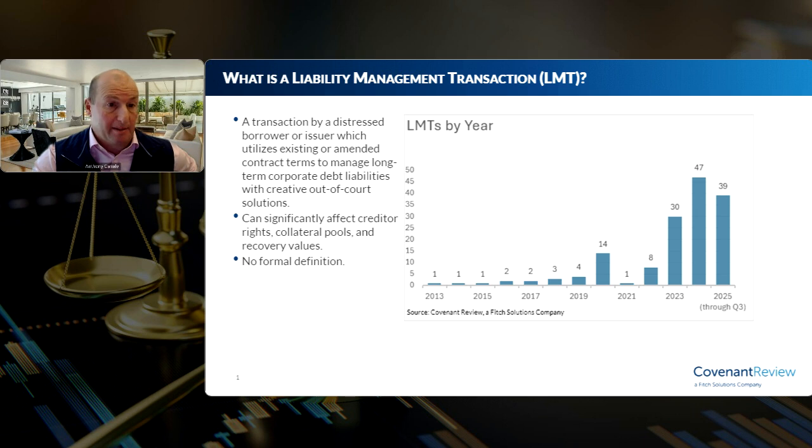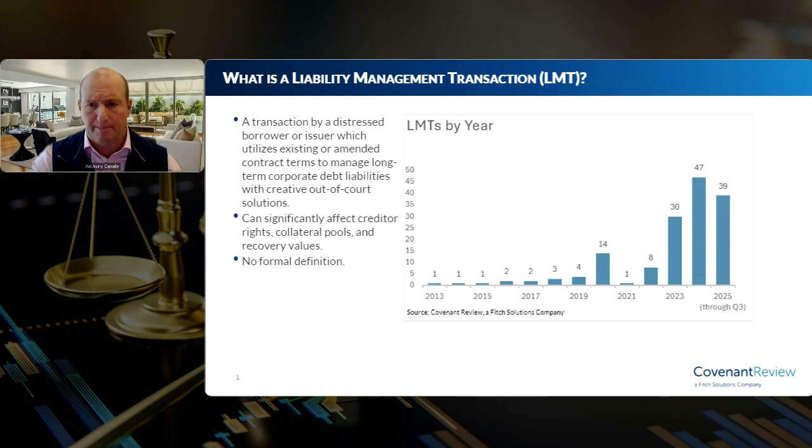This can significantly affect creditor rights, collateral pools, and recovery values as the capital structure moves around and various instruments get primed or moved from a better position to a worse position. But ultimately, there's no formal definition. If you talk to a number of senior leveraged finance lawyers, you'll get different definitions of what they think a liability management transaction is.